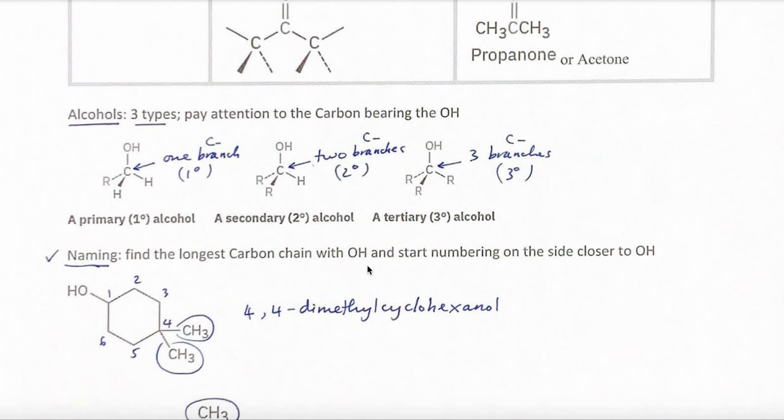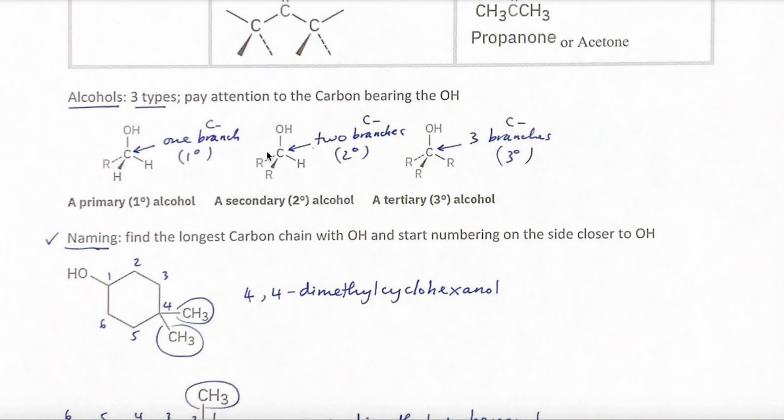Alcohol first. Okay, alcohol is a compound with OH. Pay attention to the carbon bearing the OH. There are three different types, and this is called a primary alcohol. It's a carbon that has an R, which is a branch, something with a carbon, and that's one R bonded to another carbon.